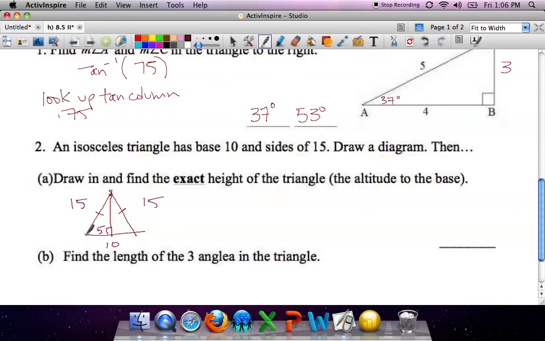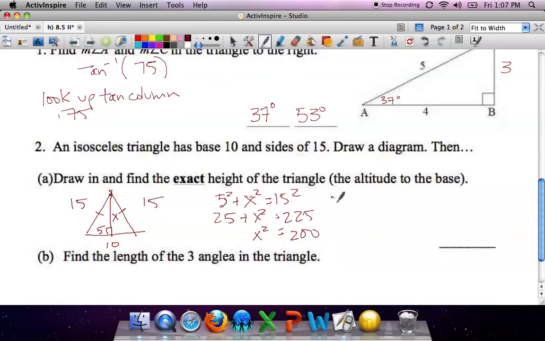So we do the Pythagorean theorem to find the height. We'll call that x. We would do 5 squared plus x squared equals 15 squared. 25 plus x squared equals 225. x squared equals 200.